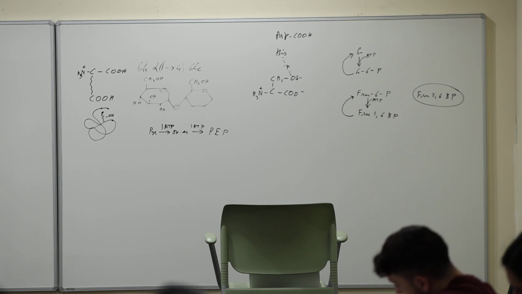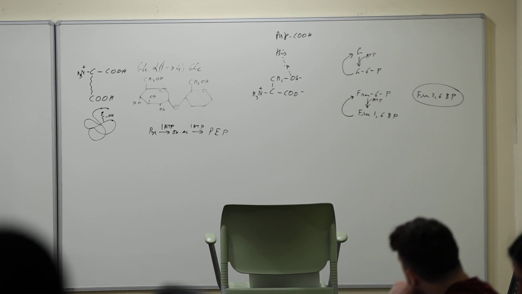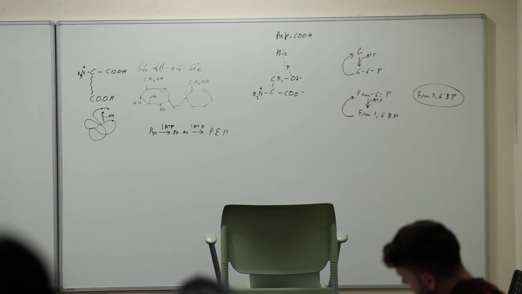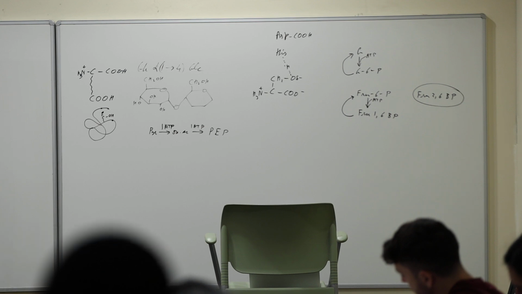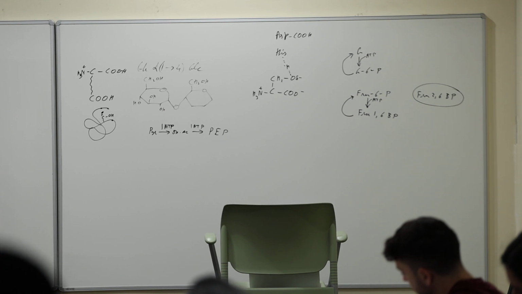And also that if you are investing ATP in one direction, in the other direction you are not going to get that ATP back, because the other direction will also be irreversible and that needs to be hydrolyzed. So these 2 steps, you don't make ATP. So that's one important fact to remember, but this doesn't count in the 6 ATPs that are needed for pyruvate to glucose. Alright, so that answers your question.